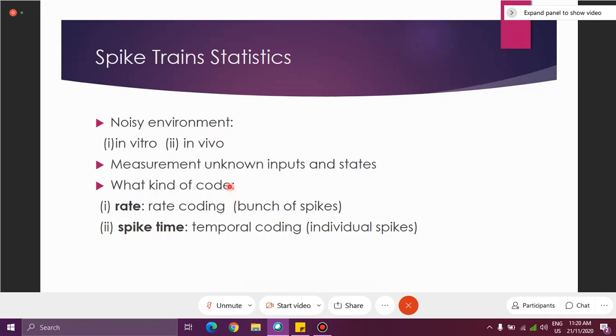Measurement of output, input and state, and what kind of code we need for spike trains produced by spike train statistics. Rate code looks at a bunch of spikes, and spike time, which is actually a temporal code, looks into individual spikes.